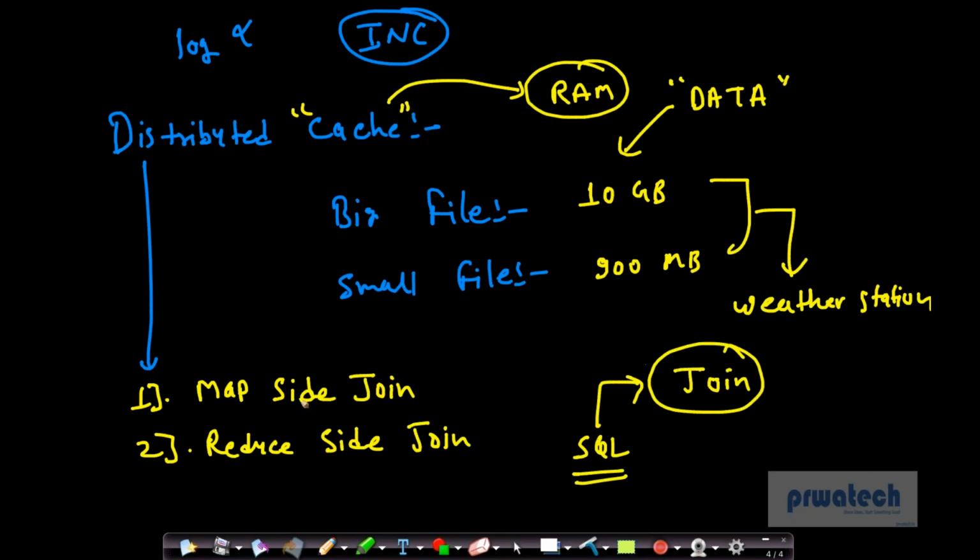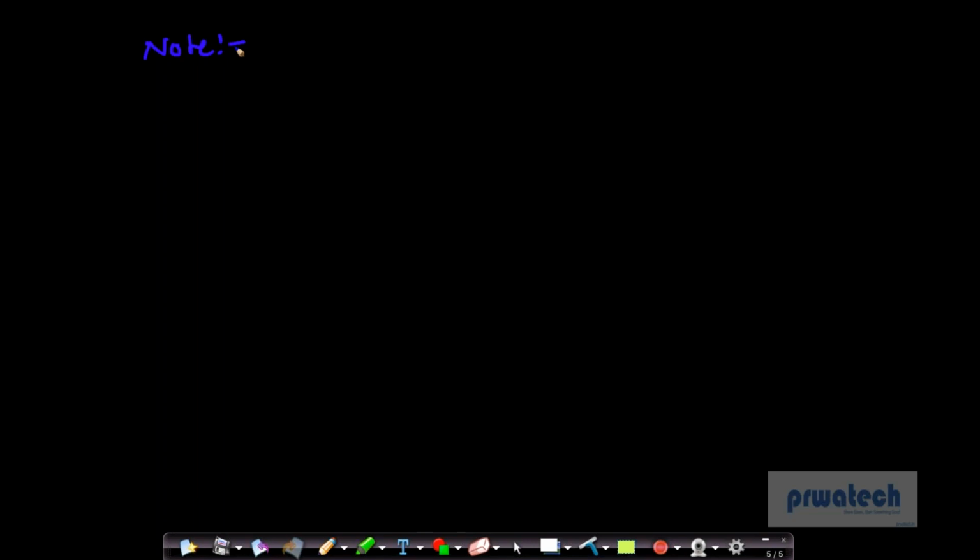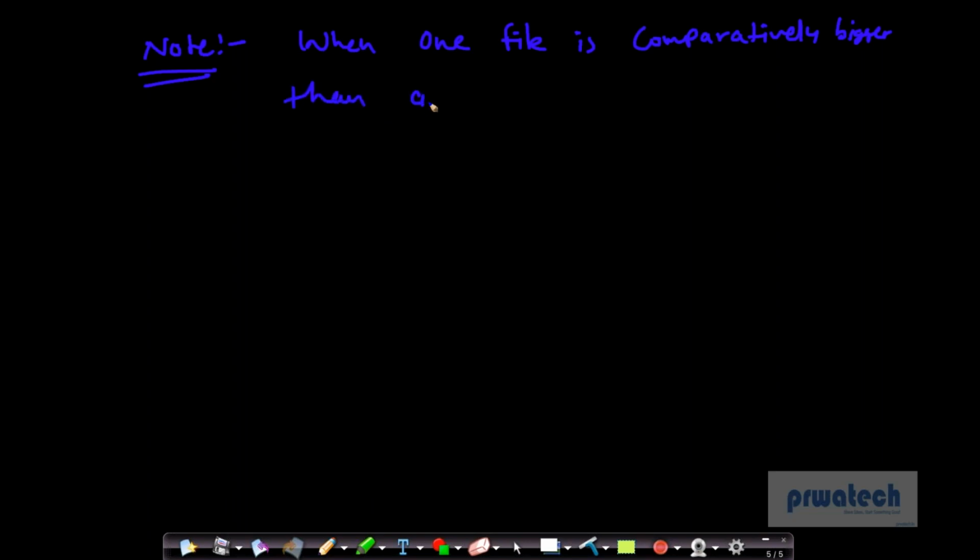Other than this normal joining, Hadoop provides you one map side join. But again, remember this small note. When one file is comparatively bigger than another file, then we use the distributed cache concept.